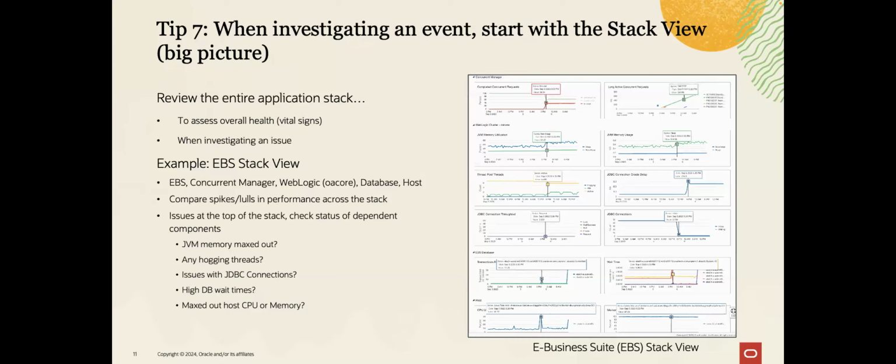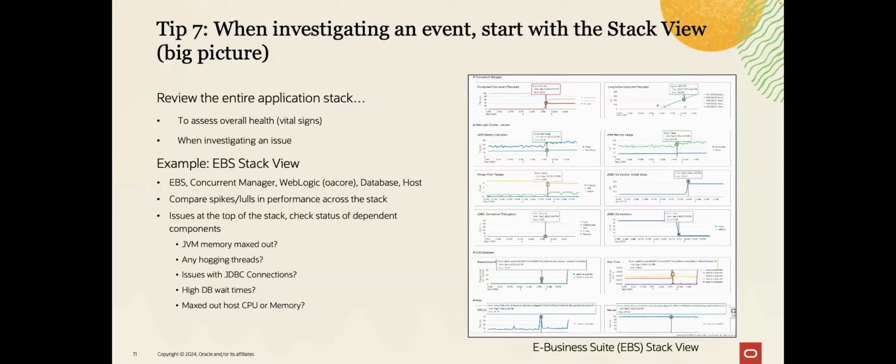When monitoring an application such as eBusiness Suite, it's important to take a look at the big picture. StackView provides this big picture by enabling you to assess the overall health of an application and its tech stack. This is simple when triaging application performance issues, allowing visibility into the entire application stack. Here we show the eBusiness Suite view, and starting with EBS, you can track programs with the highest running time, status of completed concurrent requests, and find out if there's any long-running concurrent requests.